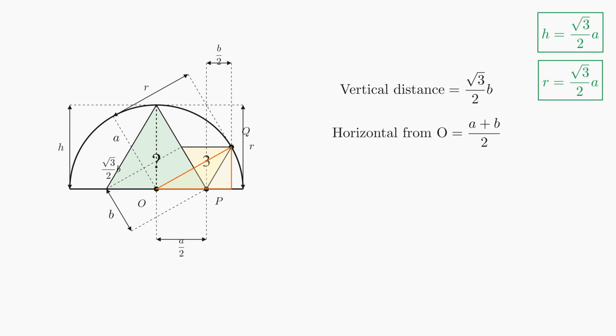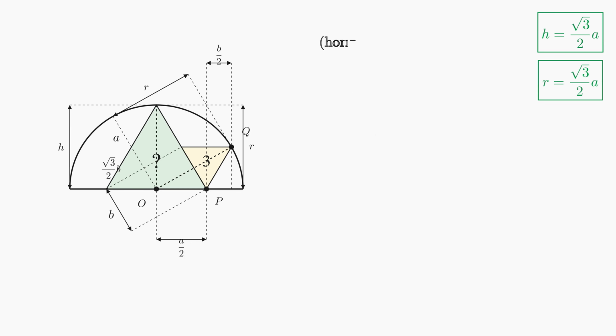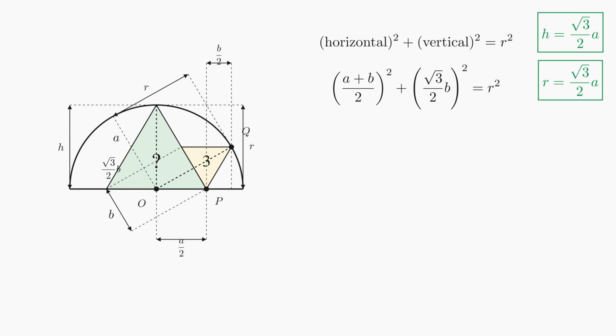Point Q is at horizontal distance (A plus B) over 2 from O, and vertical distance square root of 3 over 2 times B. Since Q lies on the circle of radius r, we can use the Pythagorean theorem. Substituting our expressions for the horizontal and vertical distances.